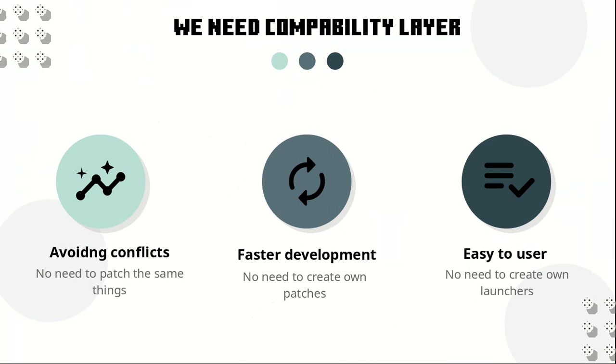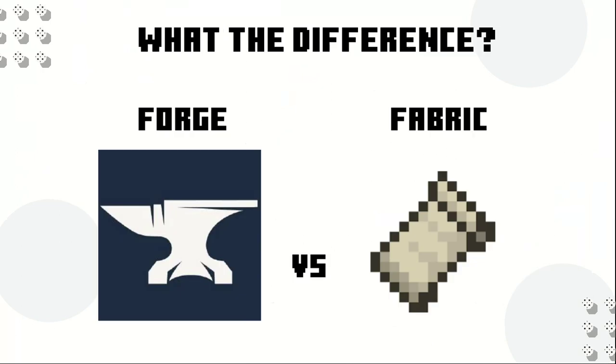It can modify the existing launcher, or you install the compatibility layer once and then add or remove any mod very easily, just by adding it or removing it to the mods folder. And there are two actual mod loaders for Minecraft, Forge and Fabric, but what is the difference between them?